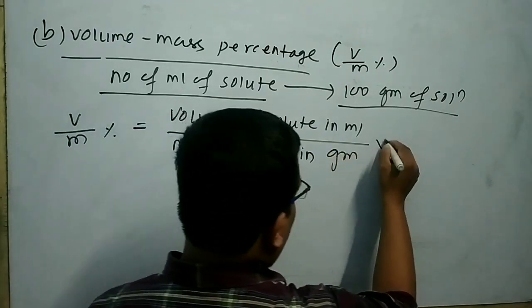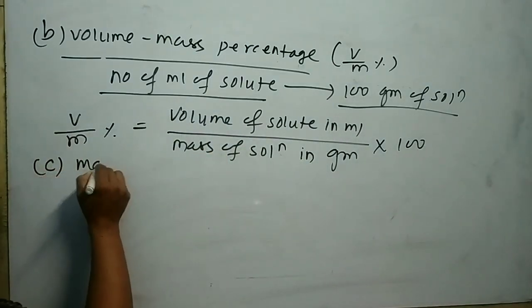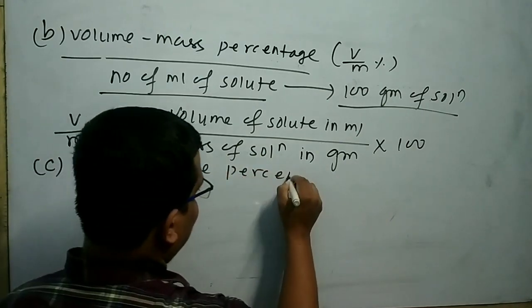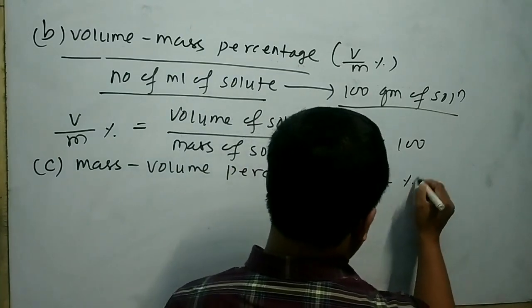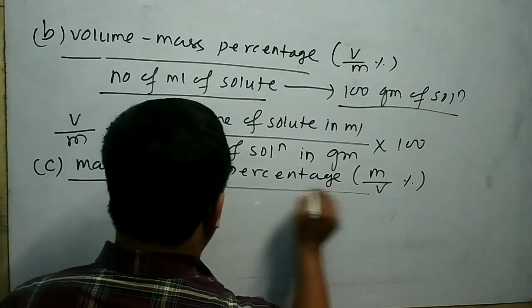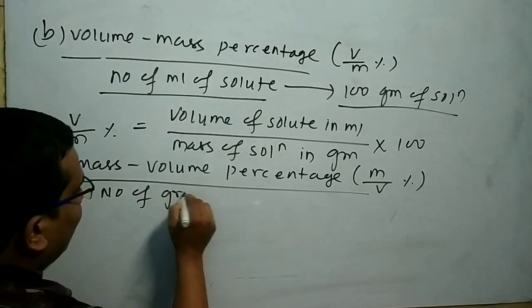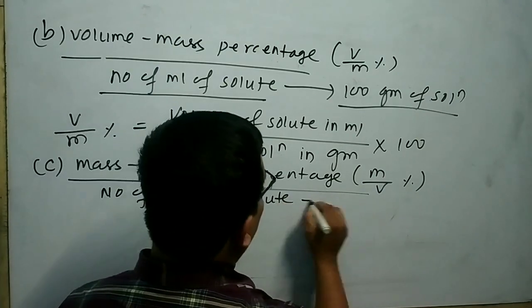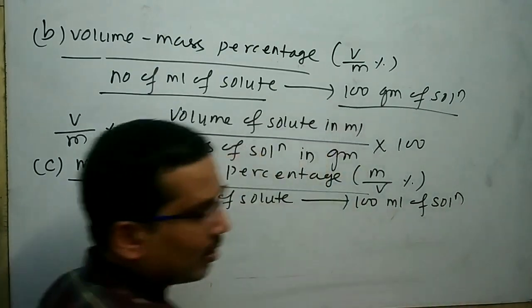Next is your mass volume percentage. This is simply called m by v percentage. Mass volume percentage means number of gram of solute present in 100 ml of solution.